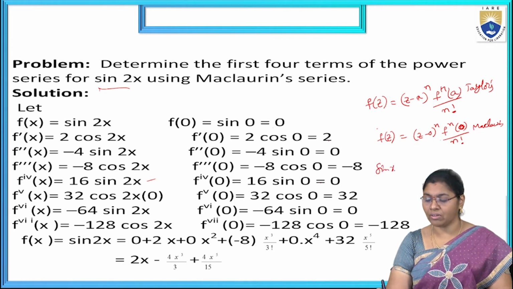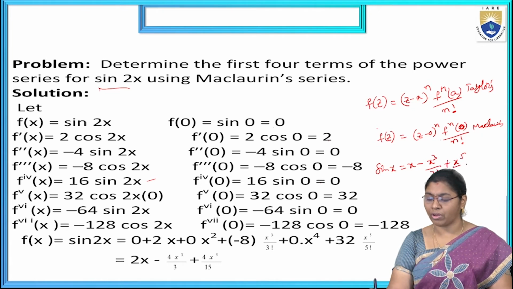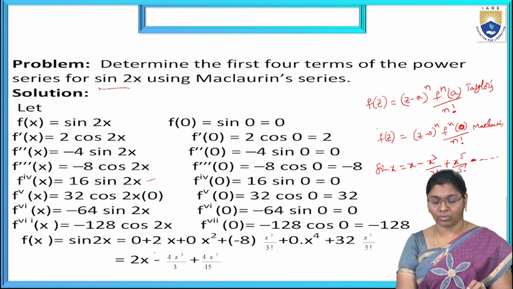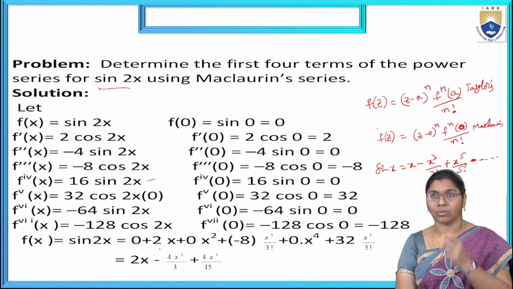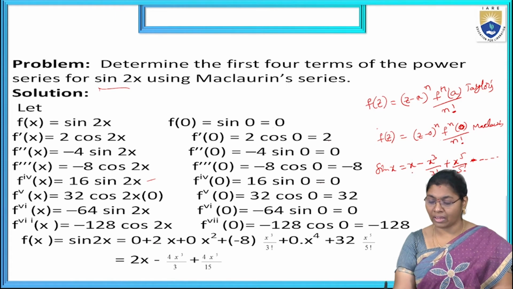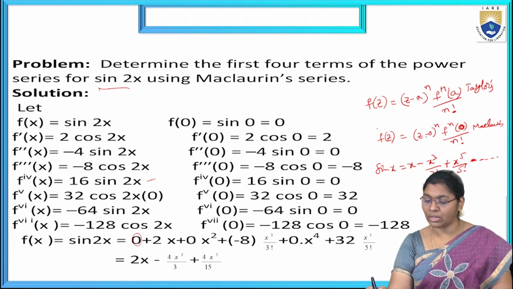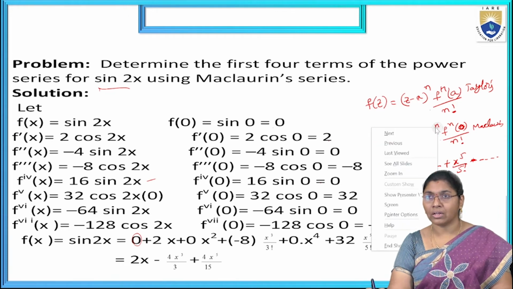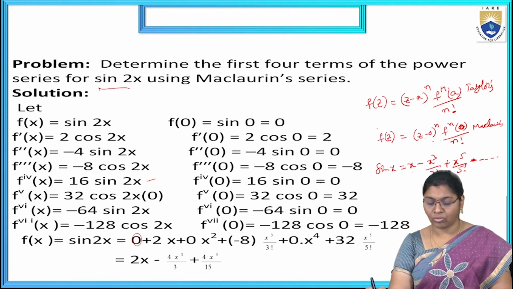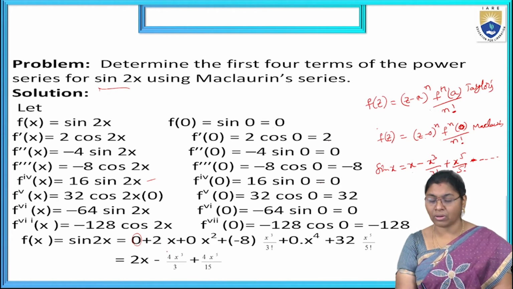Next, sin 2x expansion. Sin x expansion is x minus x cube by 3 factorial plus x power 5 by 5 factorial minus, and so on. Now I am using that one for sin 2x: x is just replaced by 2x. The zeroth term is 0. Then x into f dash, substituting z minus 0 power n, that is first term 2 into f power n by n factorial, where n factorial is 1 factorial.